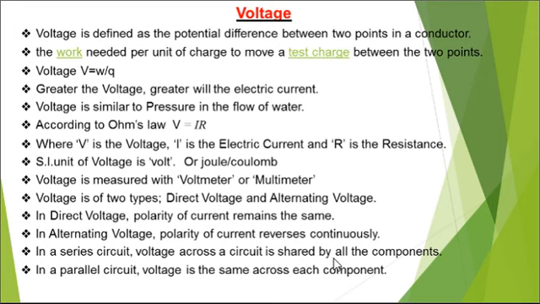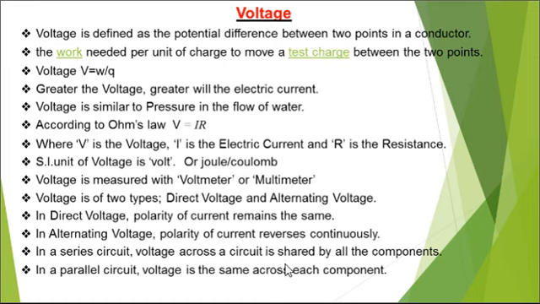Let us take an electrical circuit consisting of three components. Then V1, V2, V3 are the voltages across the three components. Then the resultant voltage is V is equal to V1 plus V2 plus V3. So in a series circuit the voltage is shared.